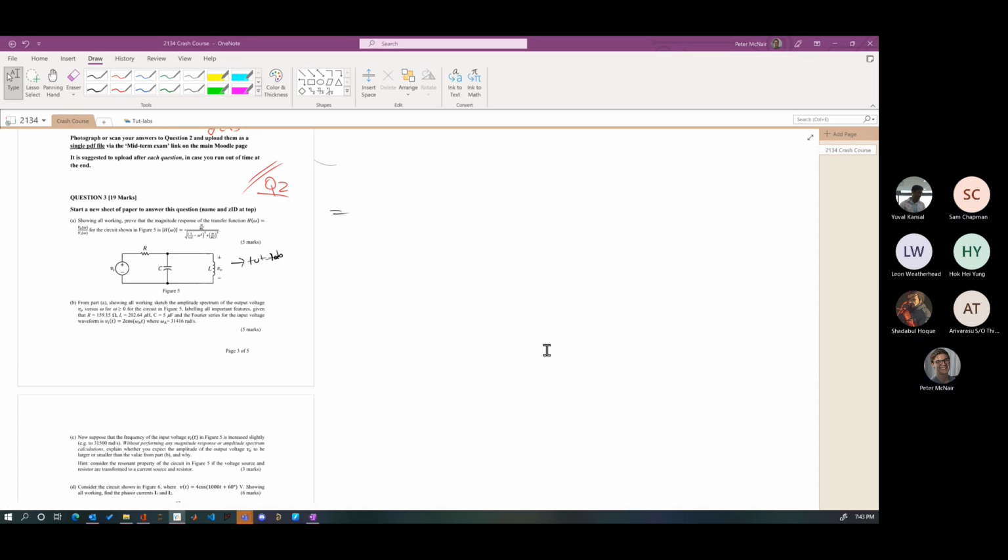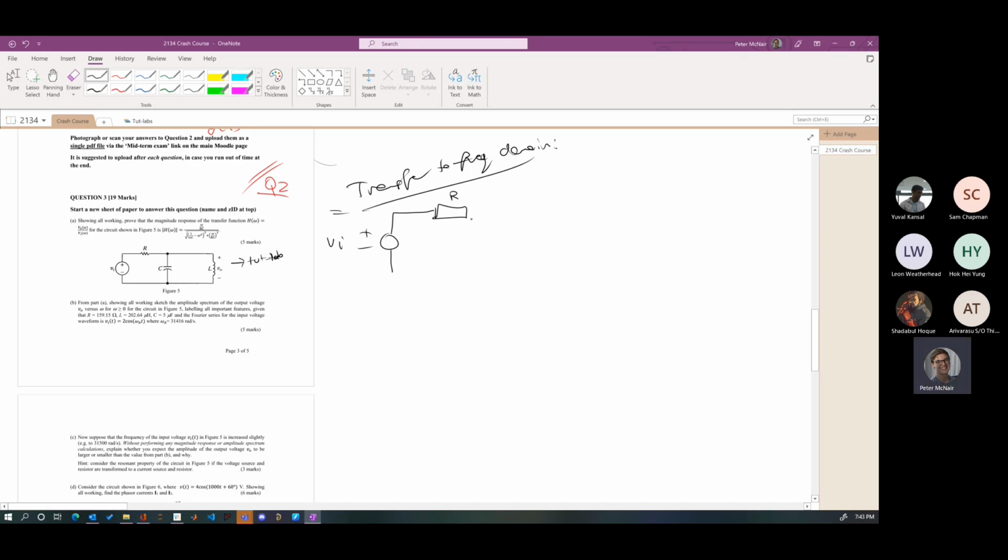Cool. So first of all, we've got this circuit in the time domain. So let's transfer to the frequency domain. We've got our plus or minus VI, our R, 1 on j omega C, and j omega L, and this is plus or minus VO.